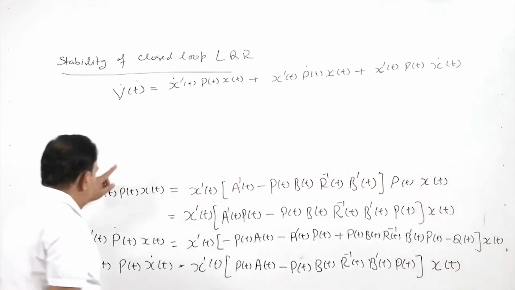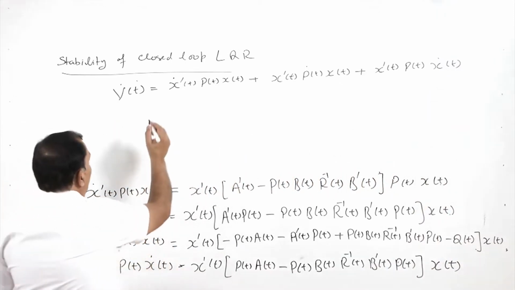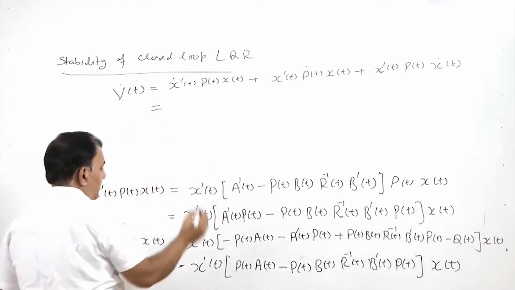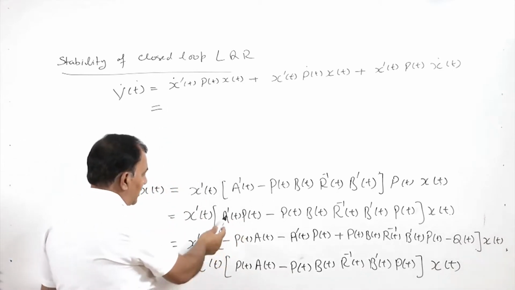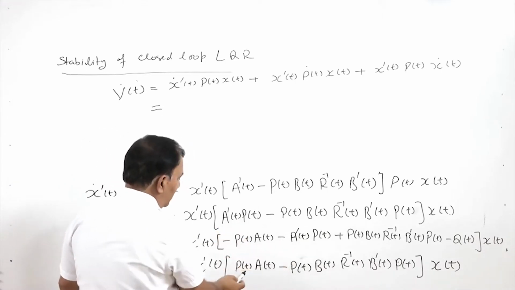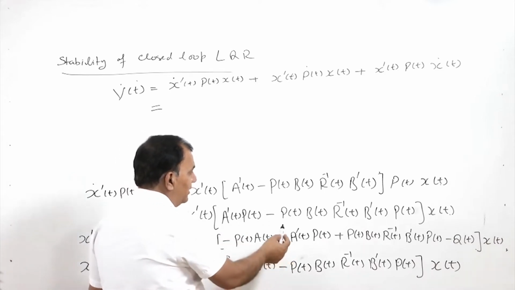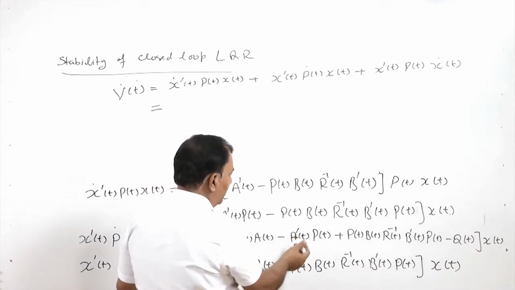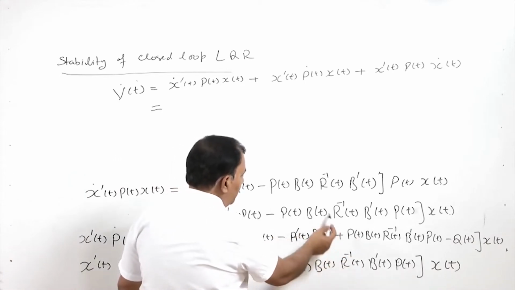So, to get my v dot I have to add all these terms. If I am adding all these terms, we can see here, A transpose t Pt, this will be cancelled out by this, Pa will be cancelled out by this, and Pb, this is negative, this is negative, this is negative, positive will be cancelled out.